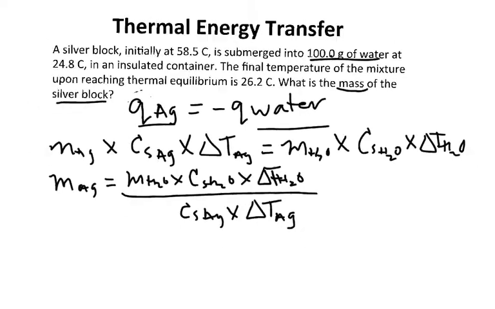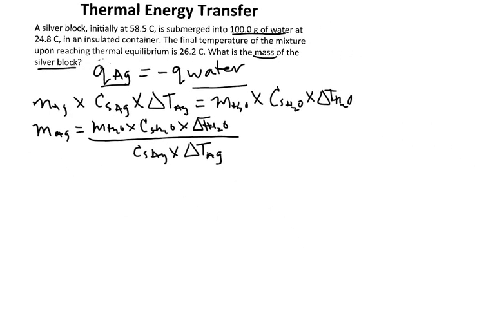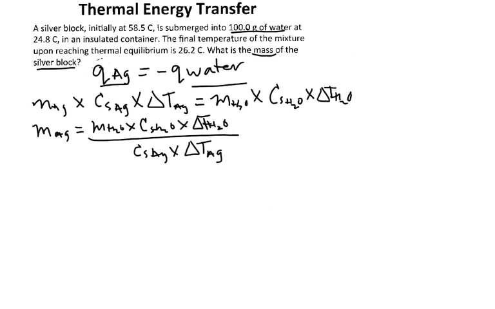We can use a table to find the specific heat capacity of silver and of water. And we're given the mass of water, and the final and initial temperatures of each. So it's a matter of just plugging in all of these values.